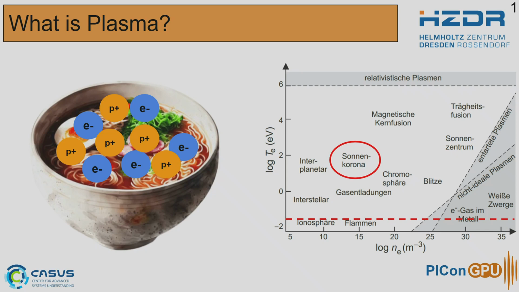So you can actually see plasma on Earth; it's not just some very far away, distant, strange phenomenon. But in this talk, we're going to focus on solar coronas, which is where magnetic reconnection happens most of the time. Here you have a number density of approximately 10^15, and a temperature of around 100 electron volts, or in our case, around keV.